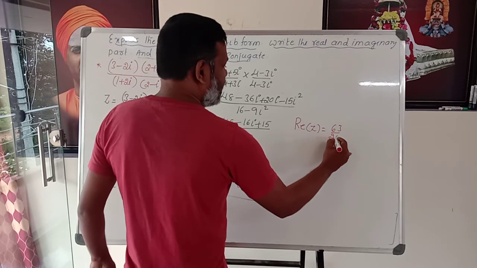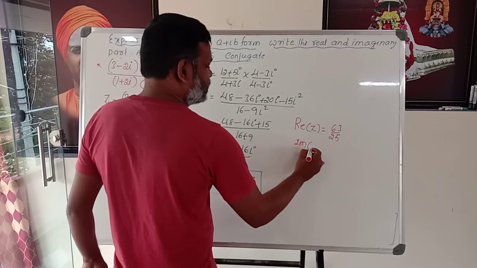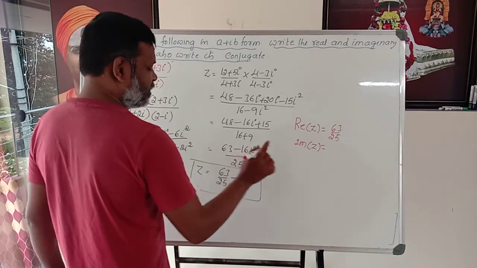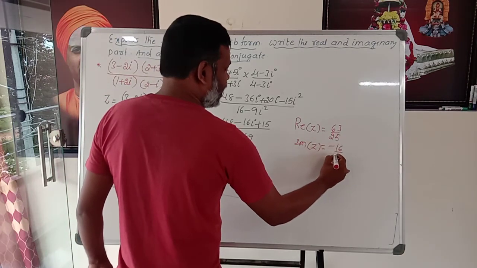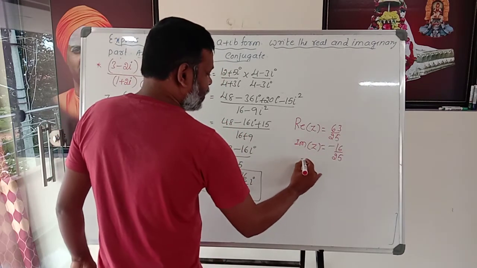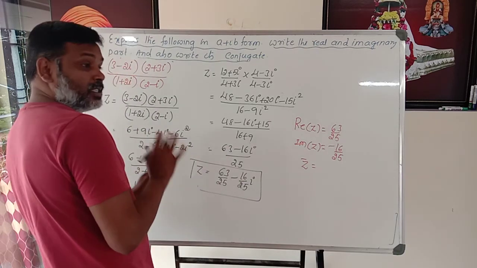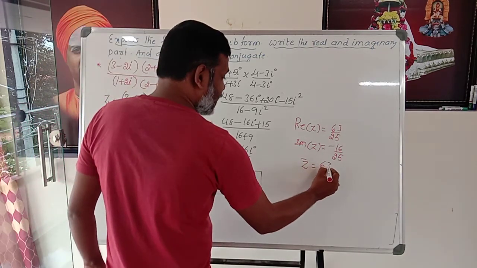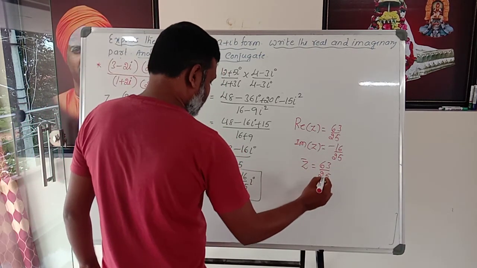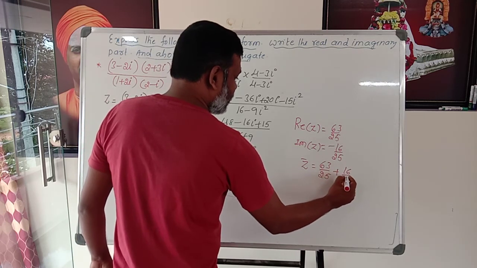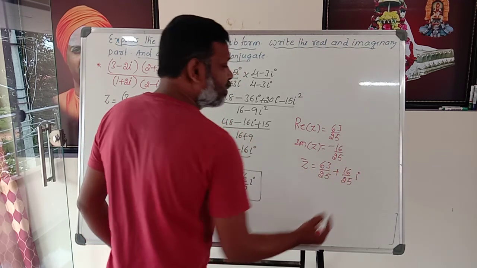And Im of z, the imaginary part, is minus 16 by 25. And z bar, the conjugate of this, is 63 divided by 25 plus 16 divided by 25 i. This is all about it.